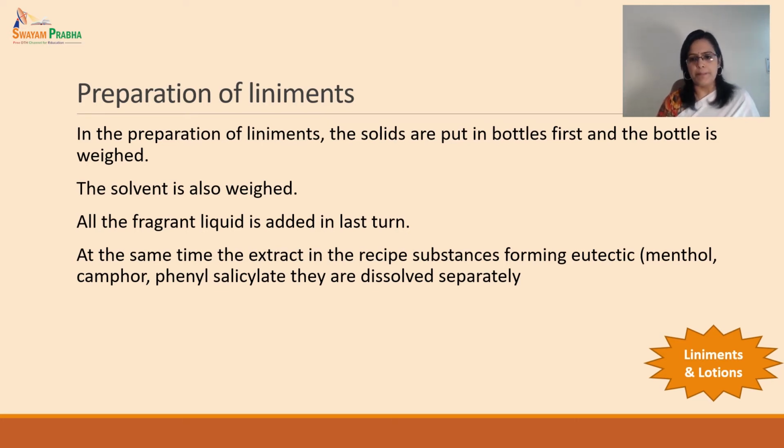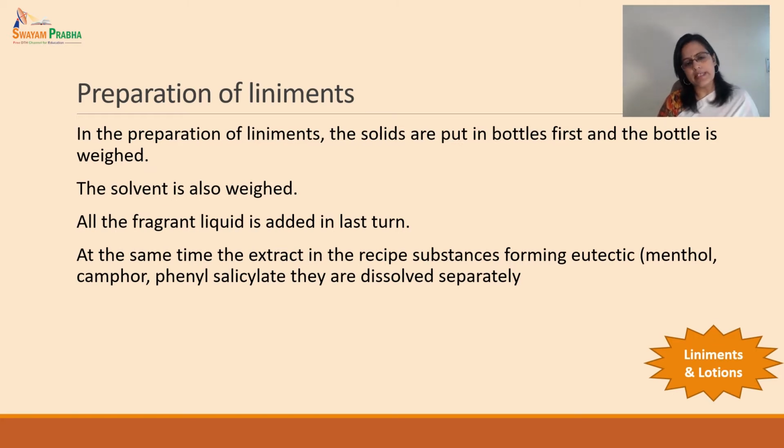dissolved first separately. First one substance, then the solvent is added, and then we have to make the other substance, which is soluble in the drug, and introduce it in the liniment according to its solubility in the prescribed component.